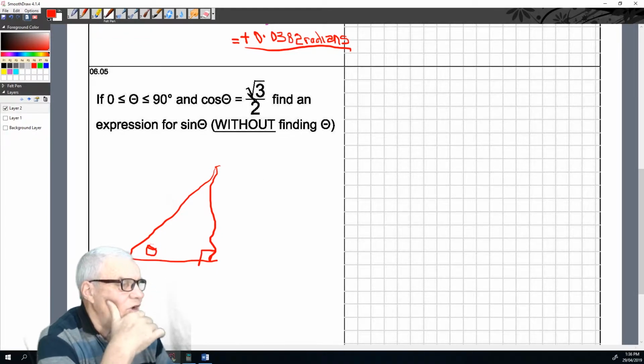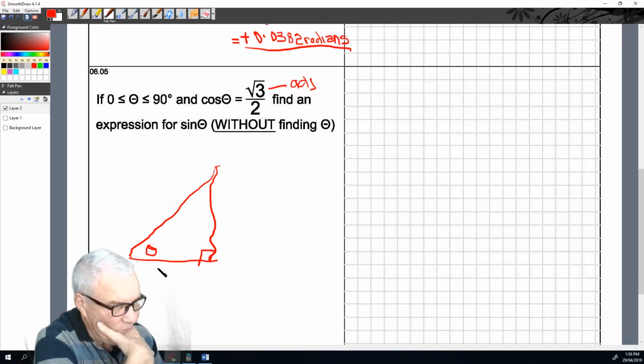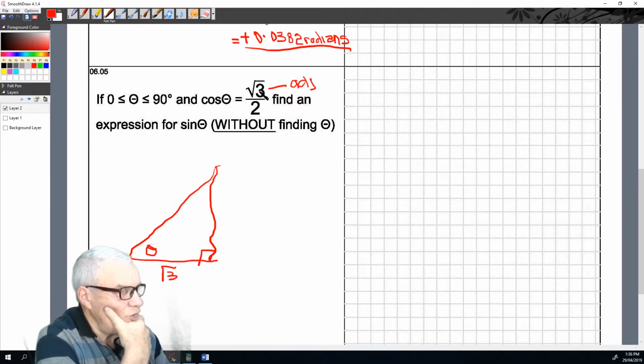So the cosine of theta, there's the adjacent, root 3, and the hypotenuse is 2.